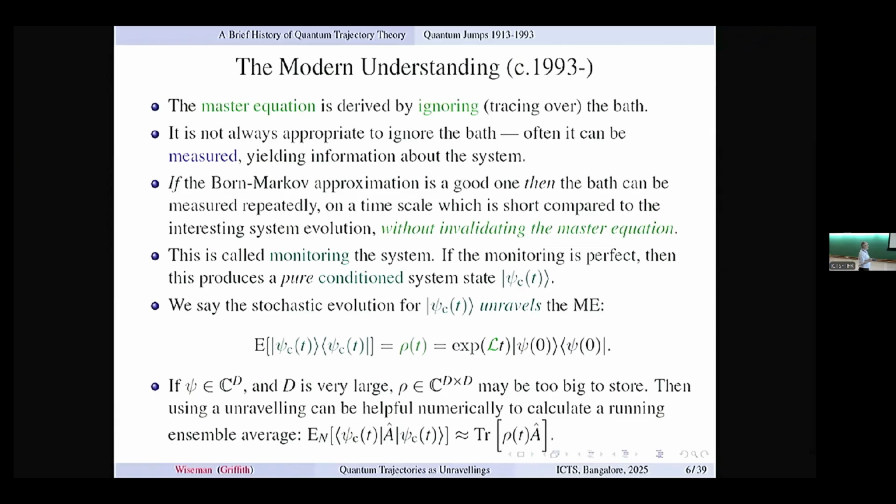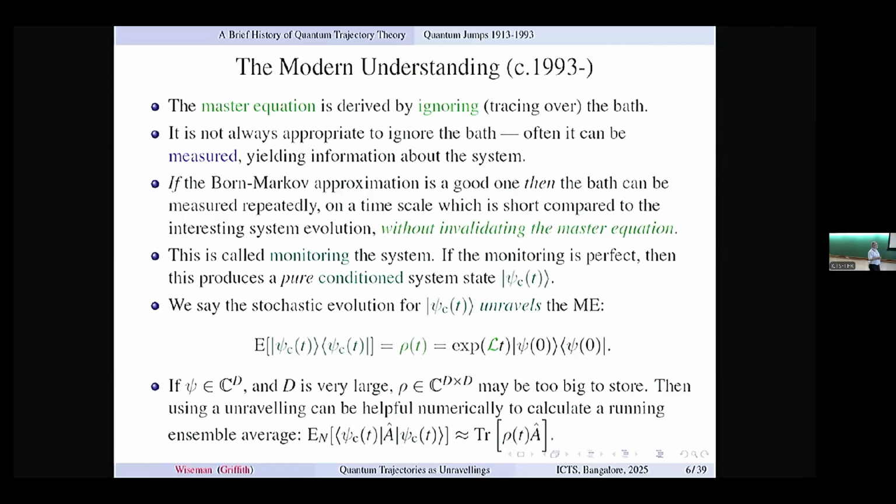Okay, and then the other thing which was known and useful and interesting in 1993, and Klaus talked about this, is that if I have a high dimensional system, then my state vector lives in this d-dimensional complex vector space. But of course, rho lives in a d squared dimensional complex vector space.